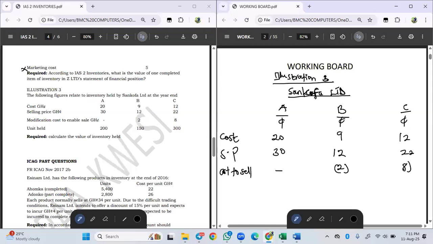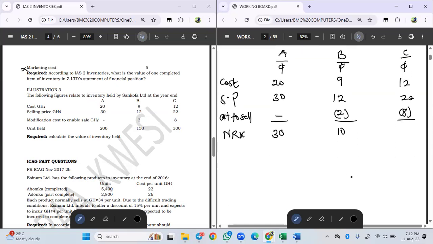This one is 8. So please give me the NRV, net realizable value. This one is still 30, 10, and what? 22 minus 8. Please. 14. So now we are going to compare this one, the NRV, and also costs.